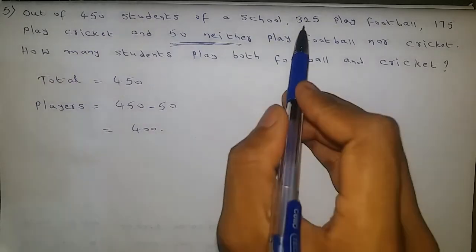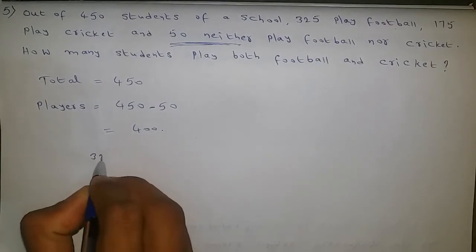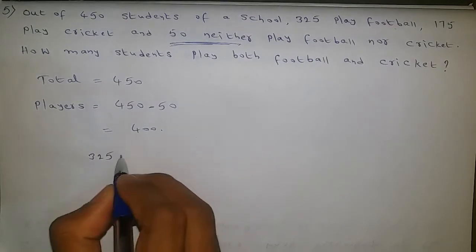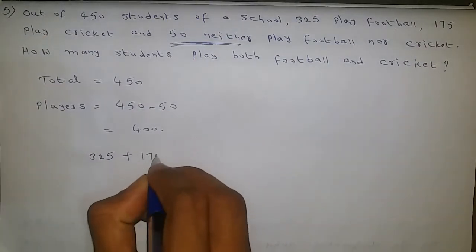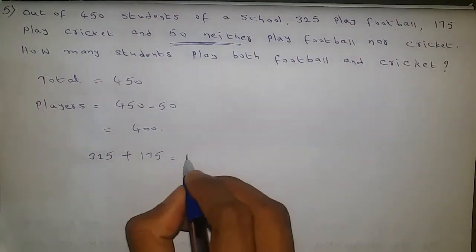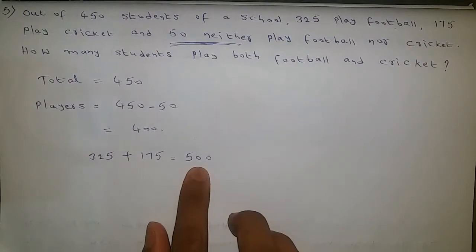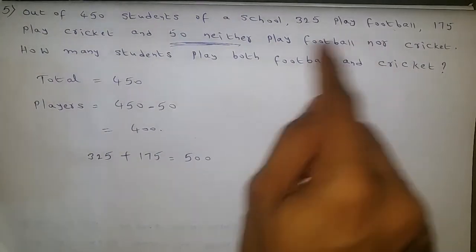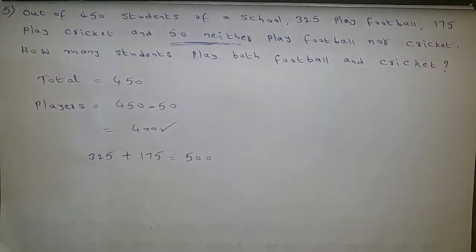Next, 325 students play football plus 175 students play cricket. 325 plus 175 is 500. It means 500 students play either football or cricket. But actually we have only 400 students, and here 500 students are playing. So what is the logic behind that?